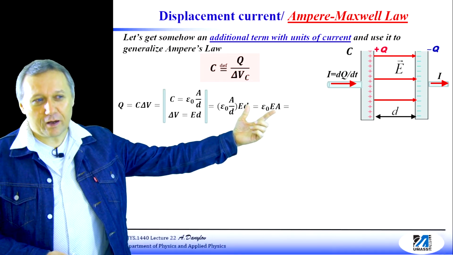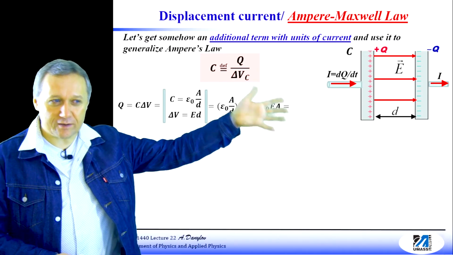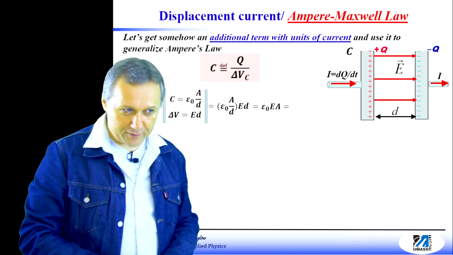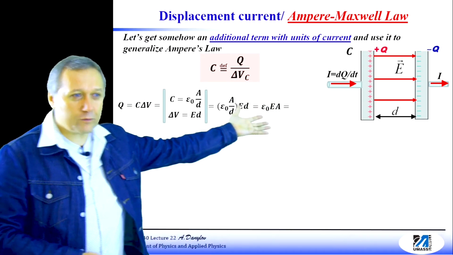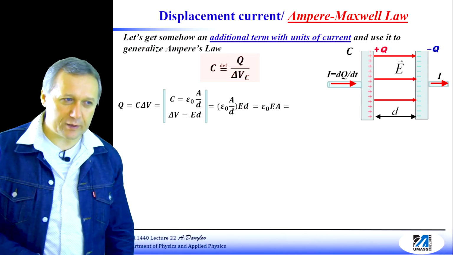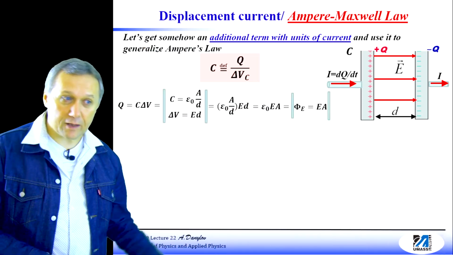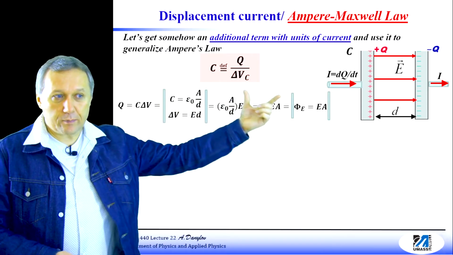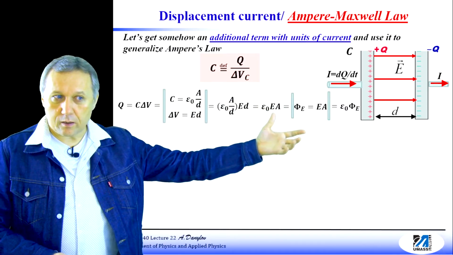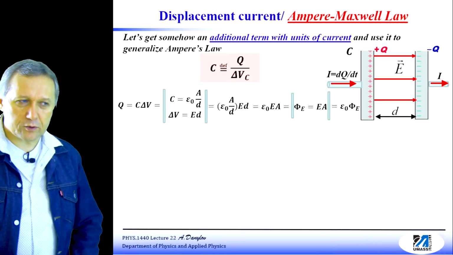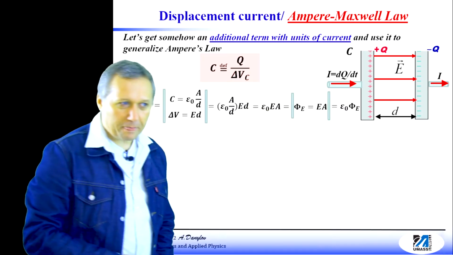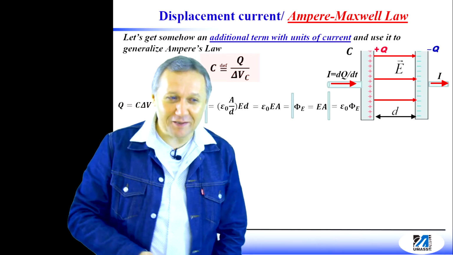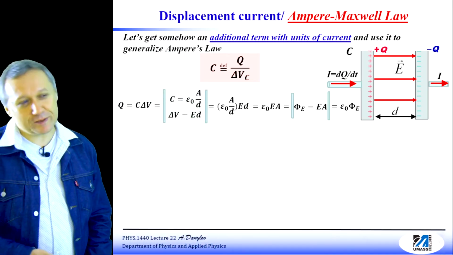Of course, if you take the area vector in the same direction as the electric field. So it's a flux, our old friend, which we introduced a few weeks ago. Electric flux. So we can write that charge equals epsilon naught times electric flux. Wow, it looks so interesting, so encouraging that we can get something completely new.